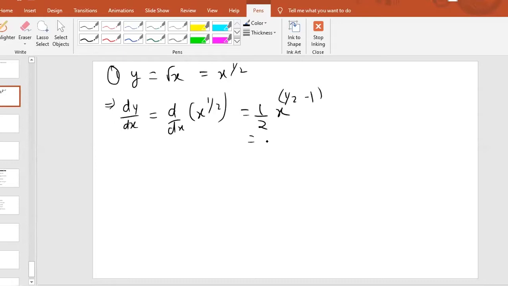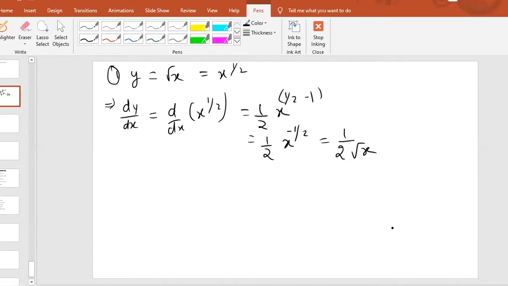Which means what? Half minus 1 is x power minus half. So can we write here as 1 by 2? We can take this x power minus half in denominator. It comes root x. So answer will be 1 by 2 root x.